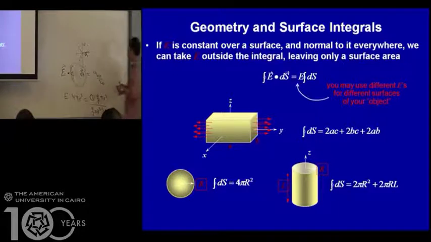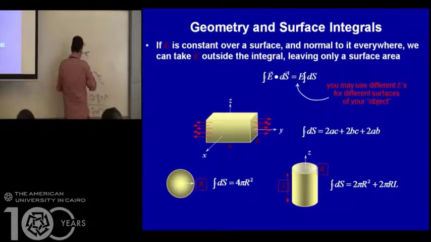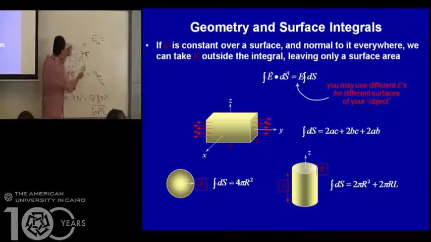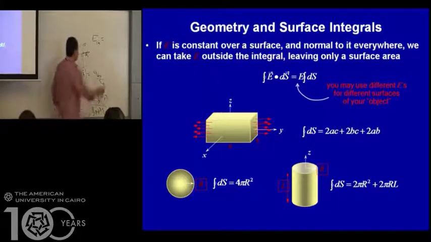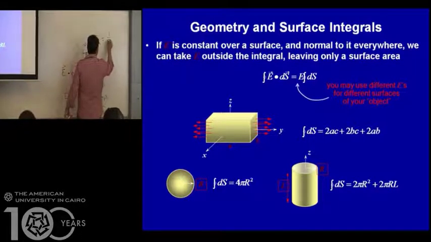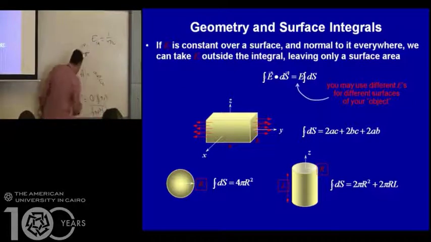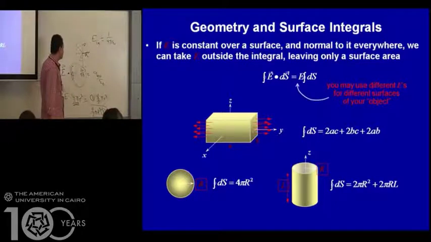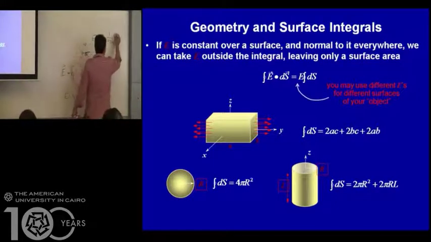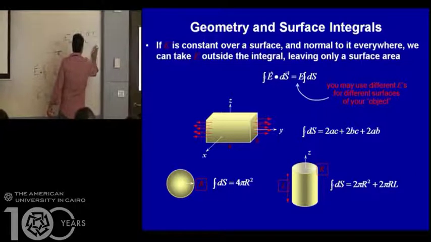So E, I mean E inside the sphere, at any point inside that sphere, equals 1 over 4 pi epsilon 0, times Q r small over R cubed.